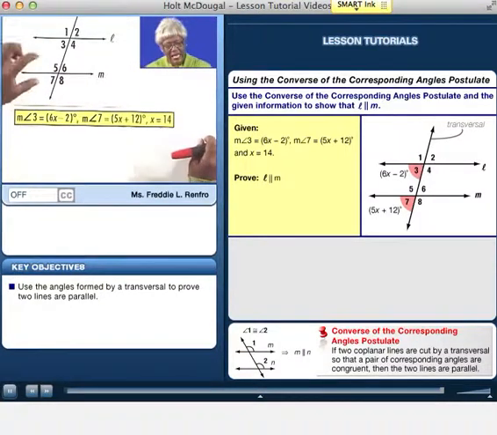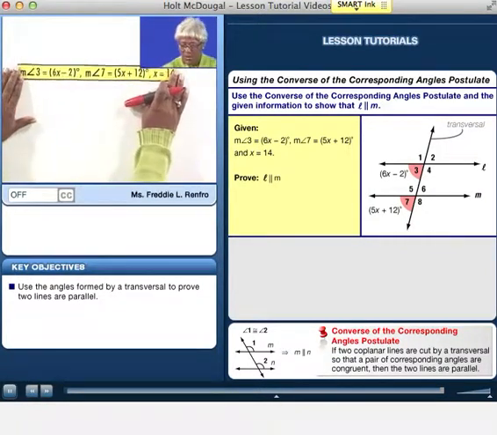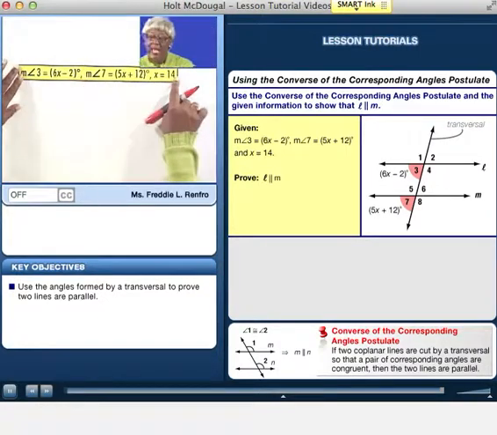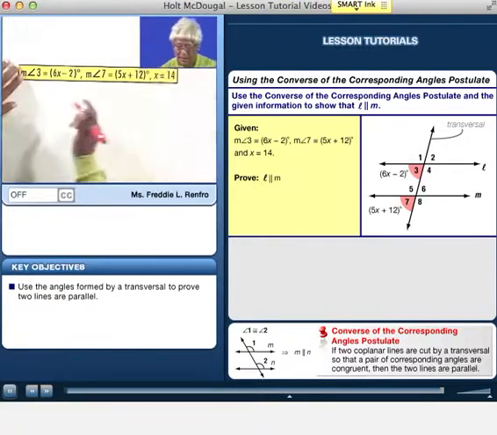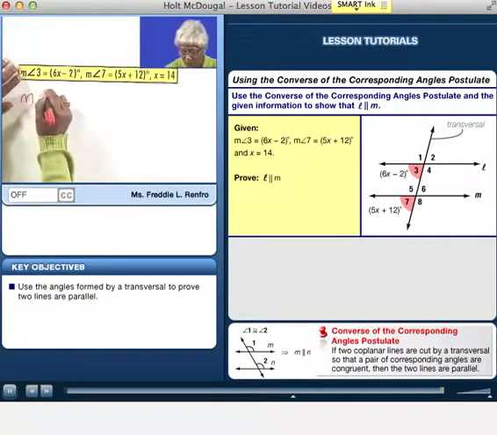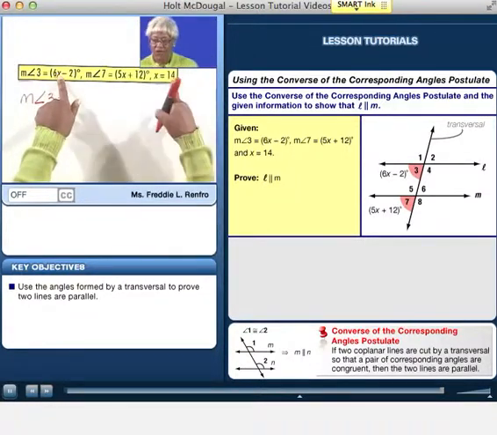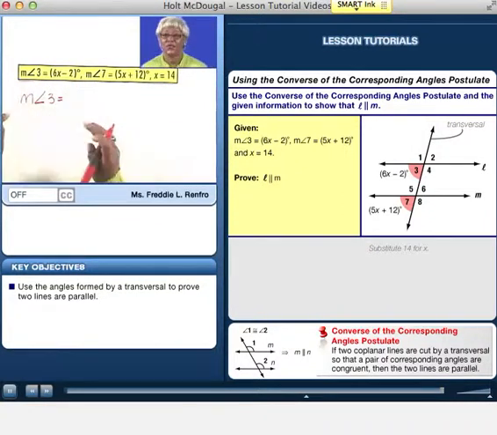Well, think about that. If I can show that these two angles are congruent and they're corresponding angles, then the lines are parallel. Let's see if we can do that. Okay. We know that angle 3 is equal to 6x minus 2, and here we're given that x is 14. So what we're going to do is substitute 14 in place of x to actually see what the degree measure of angle 3 is.